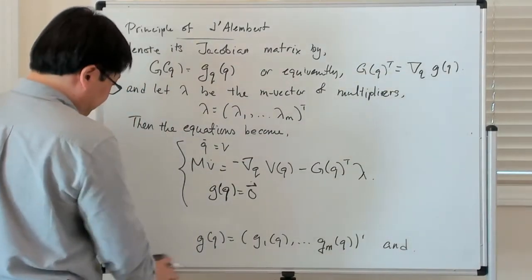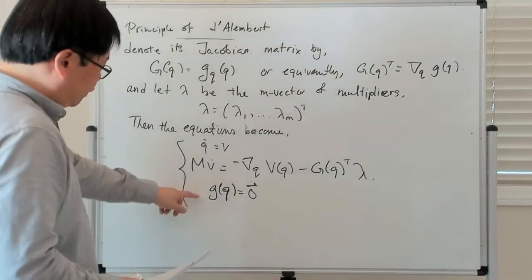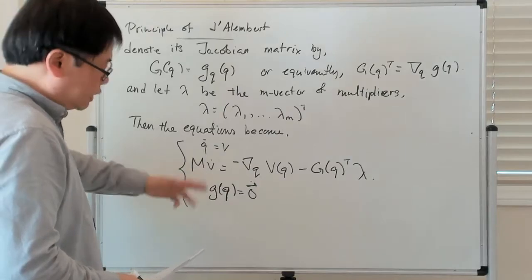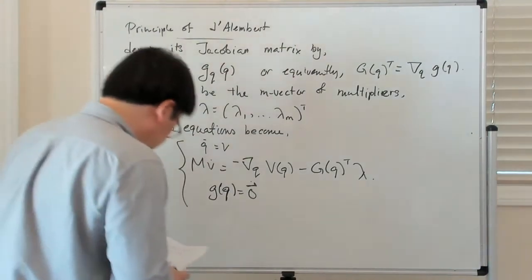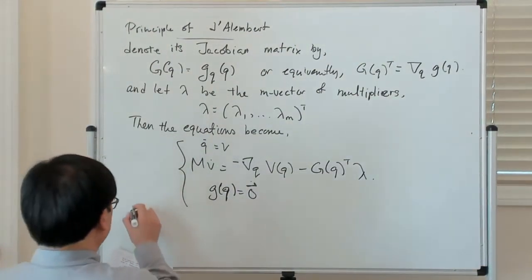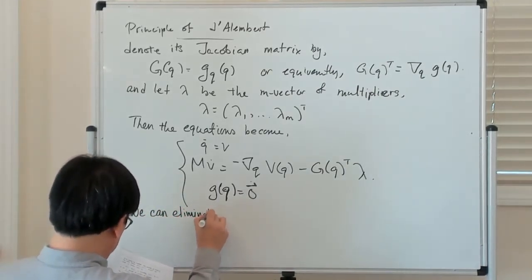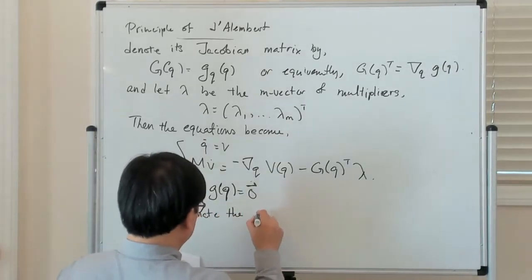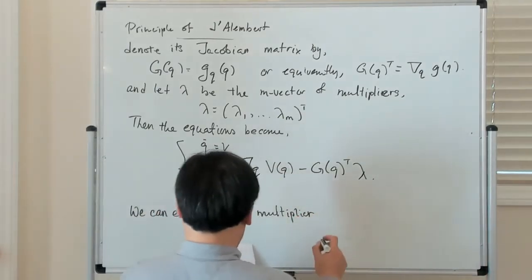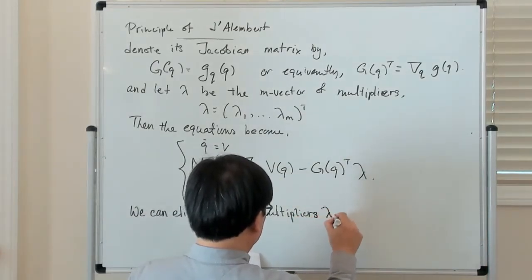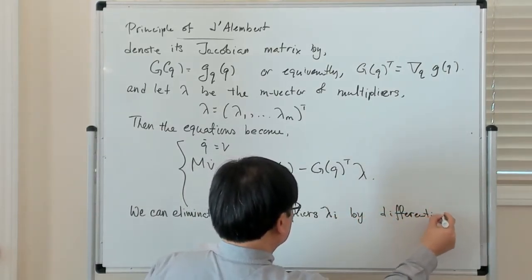So that allows you to write down the equations a little bit more compactly. The same idea, which was true as before, is that you can differentiate this constraint an appropriate number of times to get rid of the multiplier. So we can eliminate the multipliers lambda i by differentiating the velocity constraint.